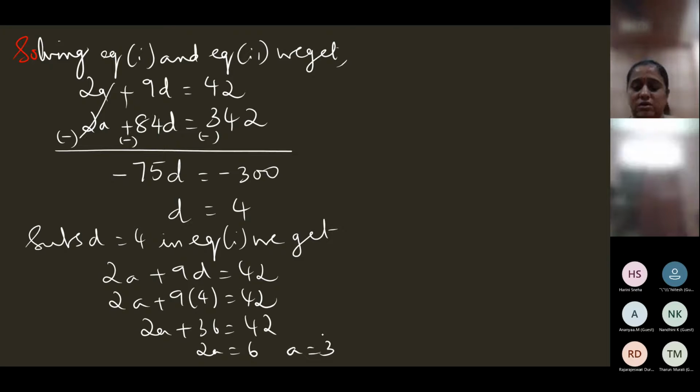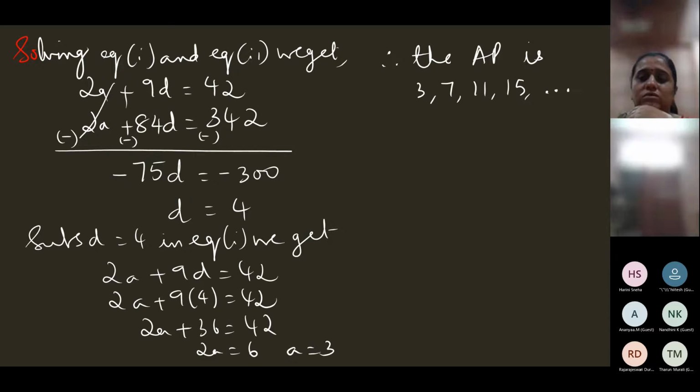A is equal to 3. Very good. We were supposed to find the AP, is it, children? Yes, ma'am. Okay, the AP is 3, 3 plus 4, 7, plus 4, 11, plus 4, 15, and so on. Yes, Ananya, you understood your mistake, or do you have a doubt? Yes, ma'am, got it. No, I'm good.